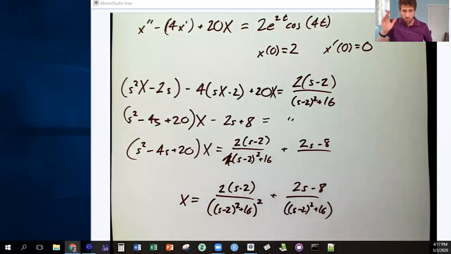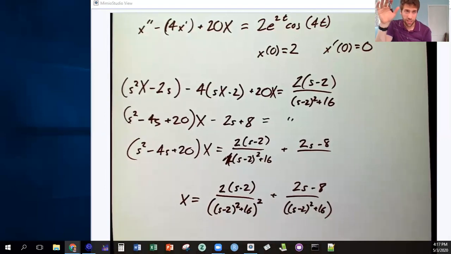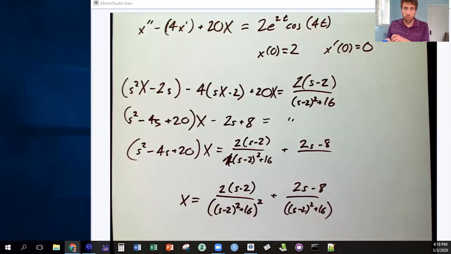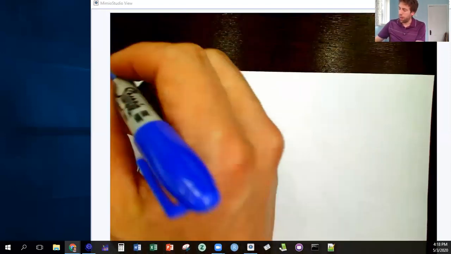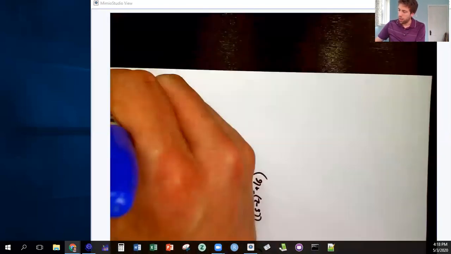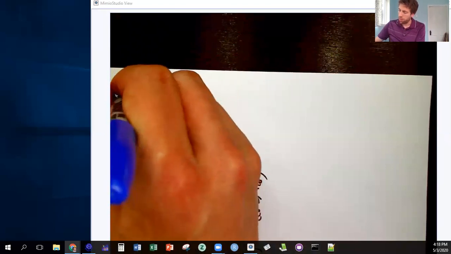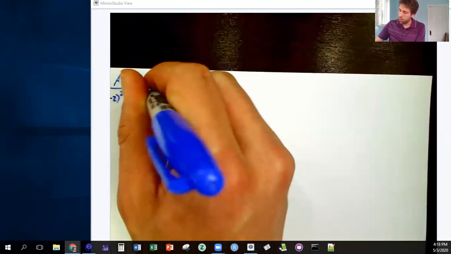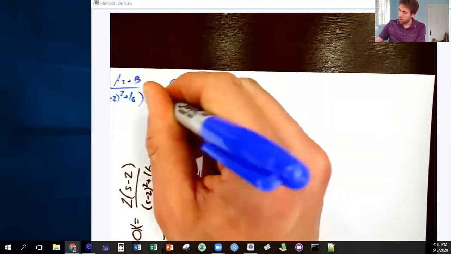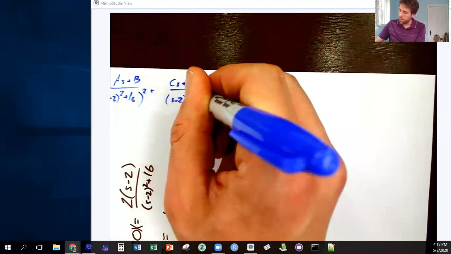All right, now, this problem is a disaster because it's a partial fractions disaster, because you have this term squared. If you have that term squared, remember it from partial fractions from Calc 2, that means we would have an as plus b over s minus 2 squared plus 16 squared plus cs plus d over s minus 2 squared plus 16.